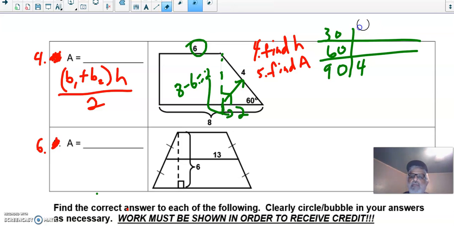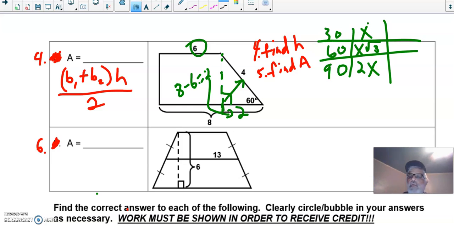Let me erase that, do this right. Some of you guys can jump ahead that already know where everything's going. So here we go. That was 4 divided by 2 gives me that, and that 2 goes in the place of x, which is 2 square root of 3. So that's my height.